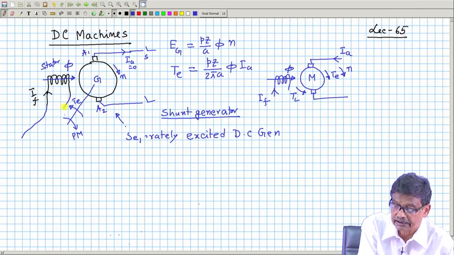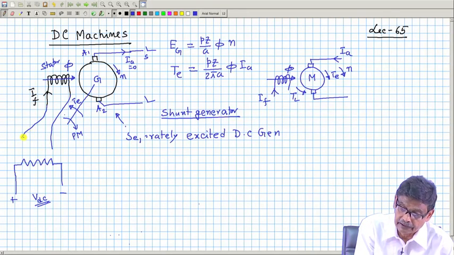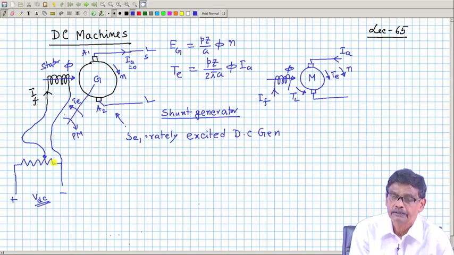We will make a circuit like this, where there is a DC supply, plus minus DC. You should have a separate DC source, and then you make a potential divider connection, so that you can gradually increase the voltage from 0 if you put the rheostat variable point towards left.